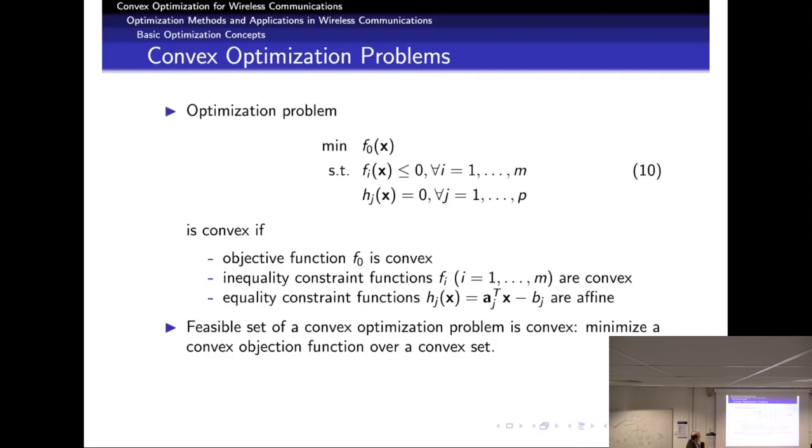And the third one is that your equality constraints here have to be affine. So they have to be some form of linear plus a constant. You cannot have a quadratic equality constraint, for instance. It has to be affine. This has to be convex, and this has to be convex. That would be the definition of a convex problem.